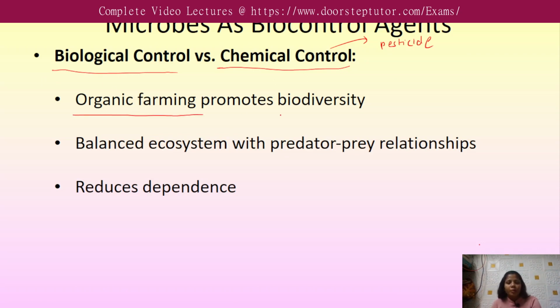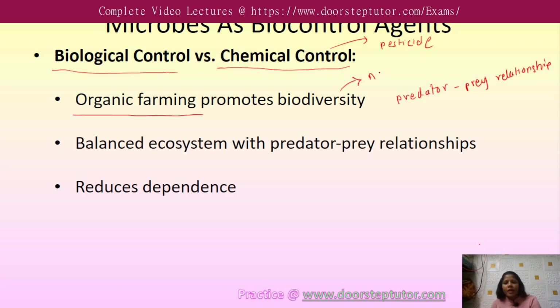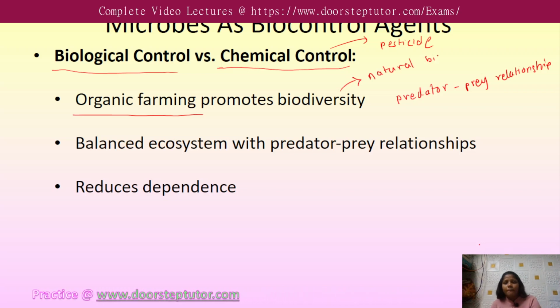Organic farming promotes biodiversity, which helps us to maintain the predator and prey relationship, and it increases biodiversity and acts as a natural biocontrol.